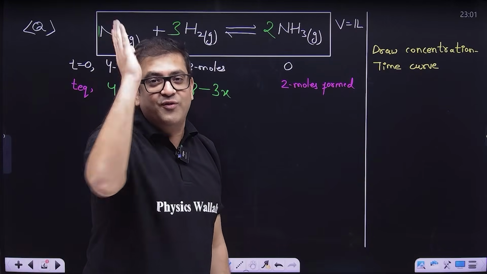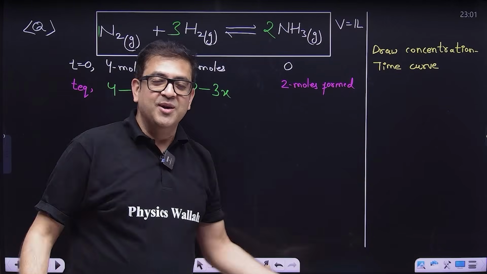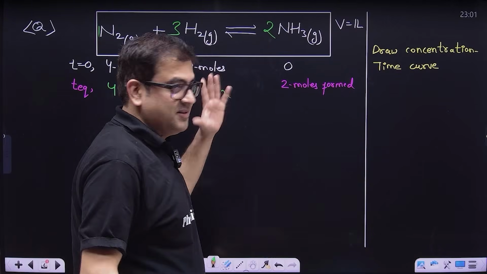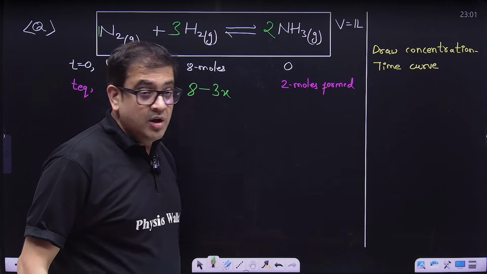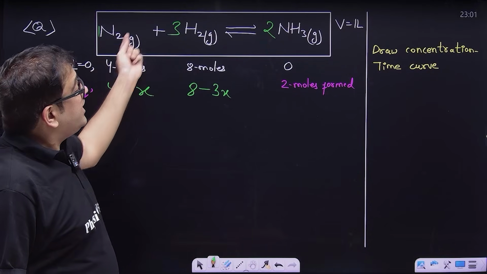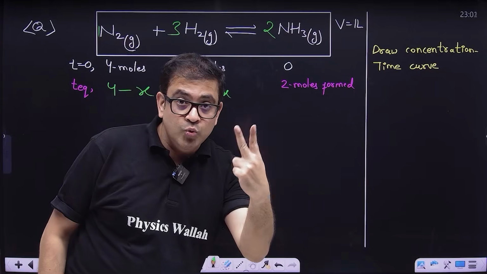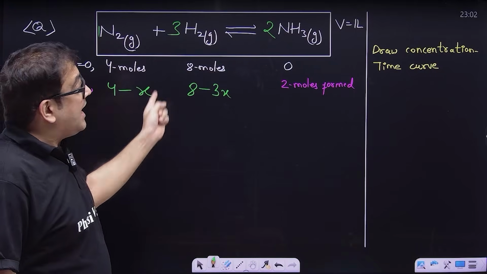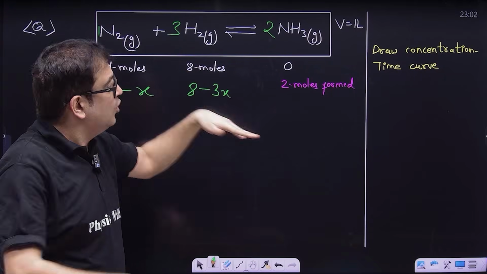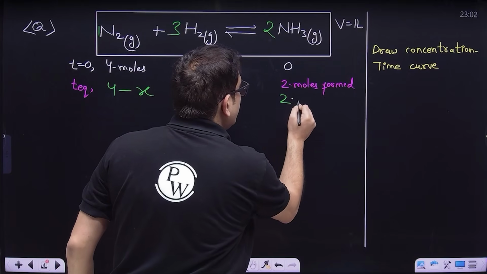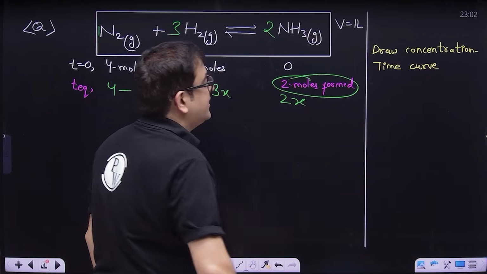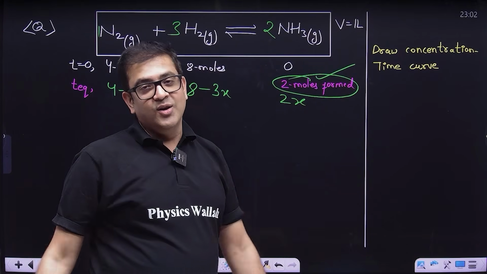This is the most difficult thing. And if you know stoichiometry, mole concept, it's easy for you. Now, sir, if 1 mole of nitrogen reacts, how many moles of ammonia are produced? 2. So if X is reacting, how many? Sir, 1 produces 2. So X produces 2X. And the value of 2X is given to you in the question.